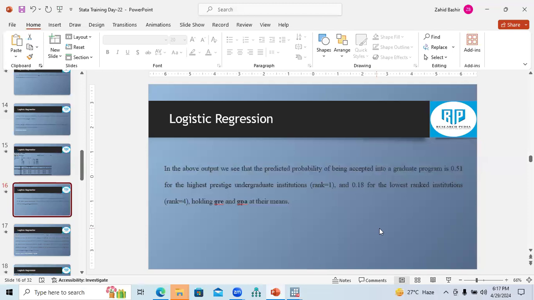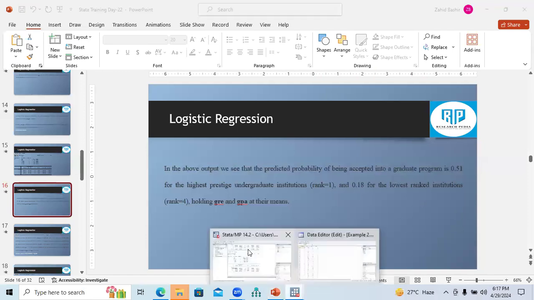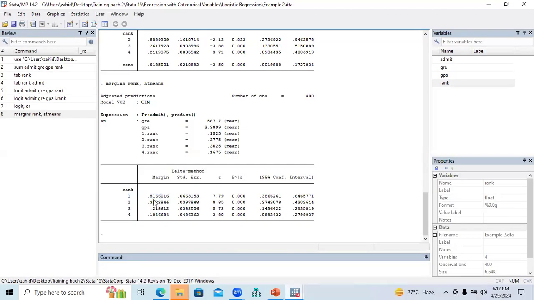Basically this is the margin of your acceptance for admission in a rank 1 institute. This is the percentage of acceptance in a rank 2 institute. This is the percentage of acceptance in a rank 3 institute. And this is the percentage of acceptance in a rank 4 institute. So this is how you can interpret that.